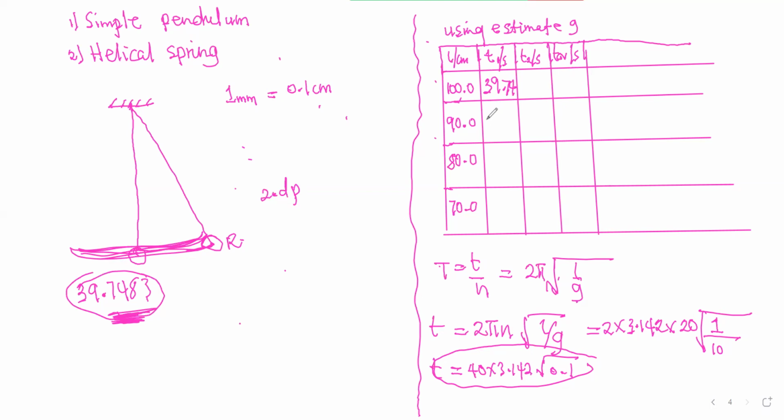Then you do it for 90, 80, 70. When you take it twice after recording all this, can we fill it for 90, 80, up to 70? Please share. One of you must take 90, another 80, another 70. I just want us to fill it to understand what you are doing.